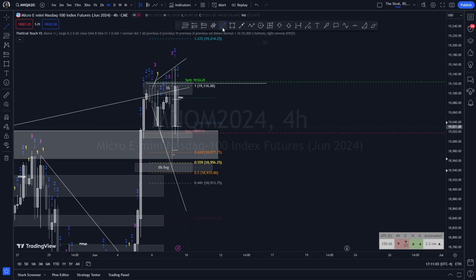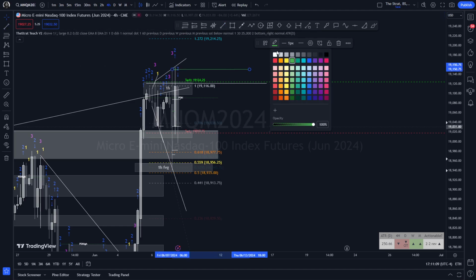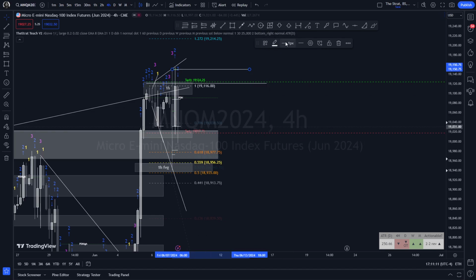This is a good point I also want to put out there: whenever I'm taking a trade, I keep this in mind. I like to call it the fair market value, like a 50% rule of this candle.